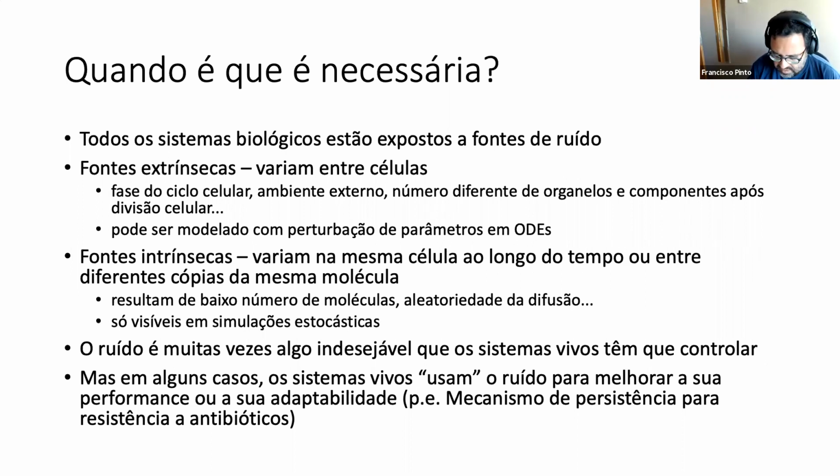But it doesn't mean that the system has a low number of molecules, for example. As cells divide, they can be at different stages of their cell cycle. The environment that each cell is sensing may be different.